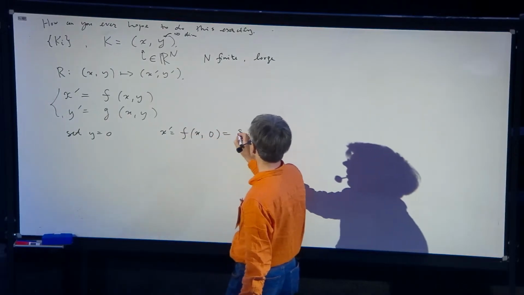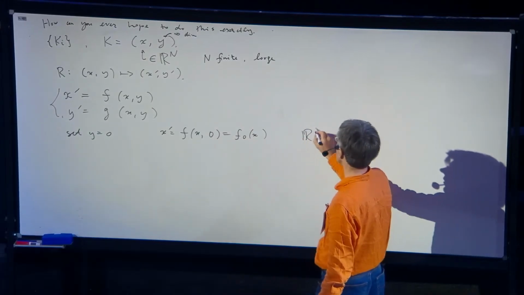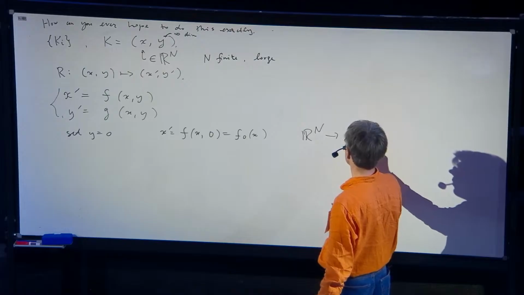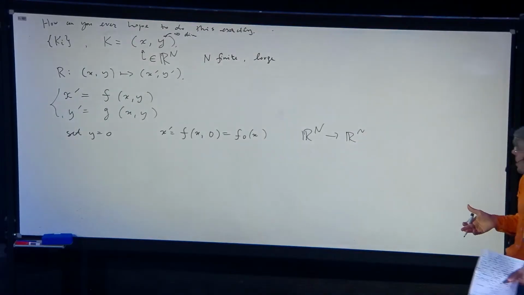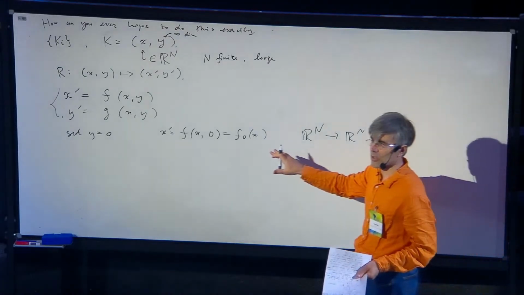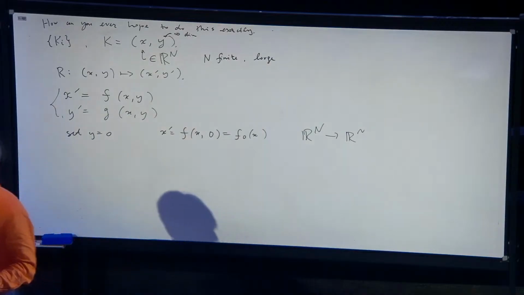Let me call this function f_0 of x. This is just some function which acts from R^n to R^n. So n is large, but it's a finite dimensional space. I presume that I have some formula for this function, or a computer code which computes it, so I can analyze it.